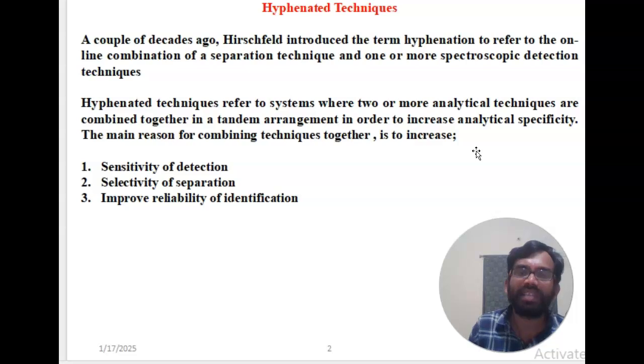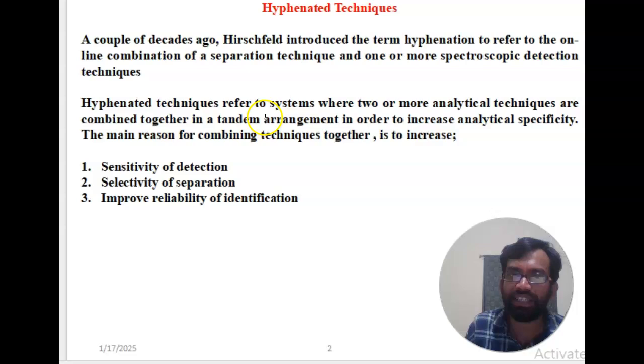Before we discuss ICP mass spectroscopy, we need to know the hyphenated technique. So what are hyphenated techniques? A couple of decades ago, Hirschfeld introduced the term hyphenation, referring to the online combination of a separation technique and one or more spectroscopic detection techniques.